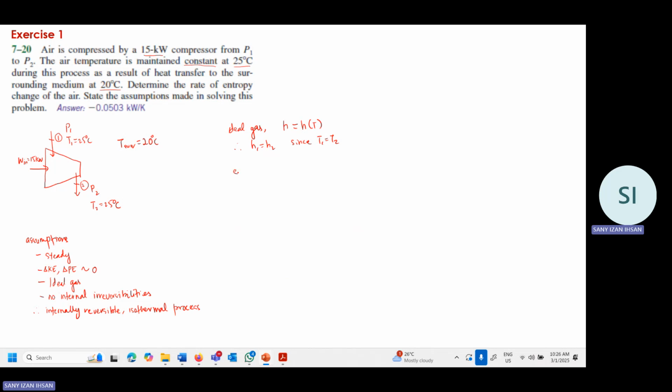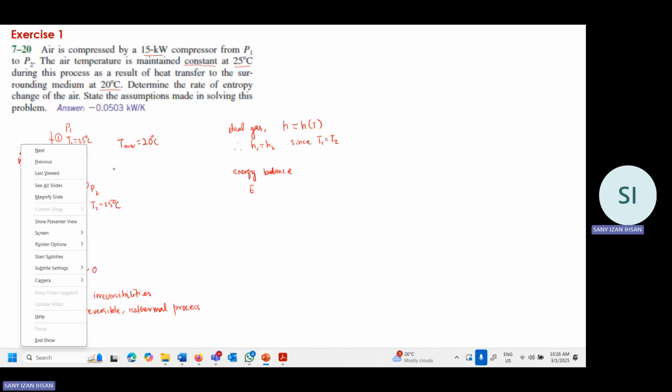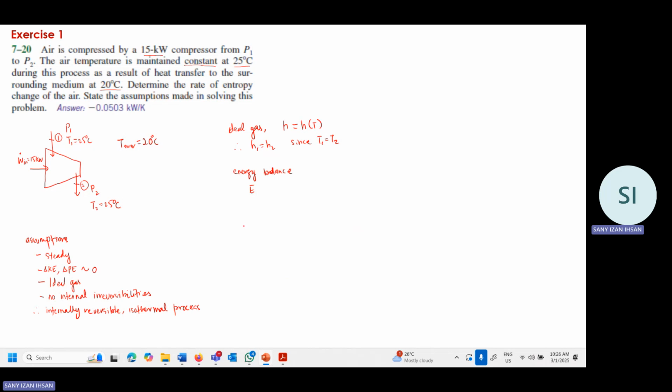From there, the energy balance. We can state the general rate form, in kilowatt: E dot in minus E dot out equals the change of energy in the system.